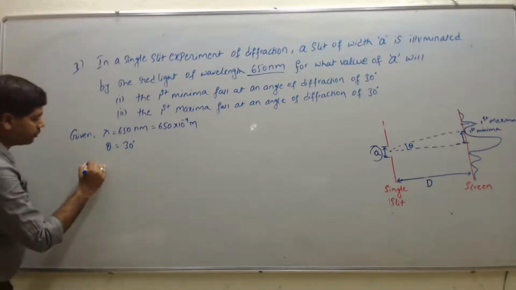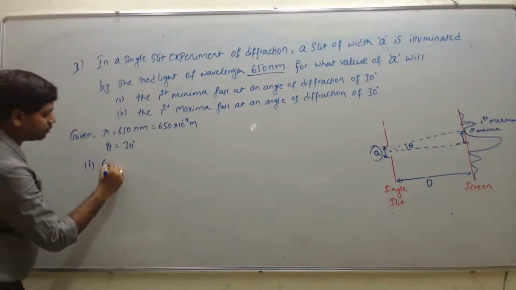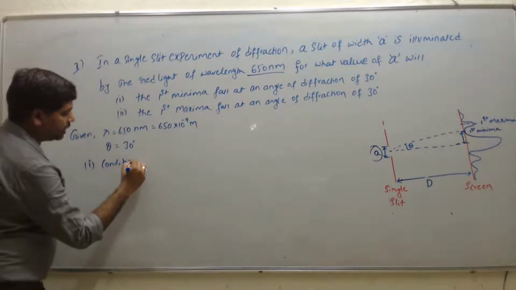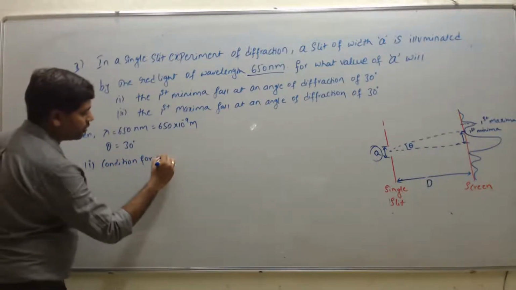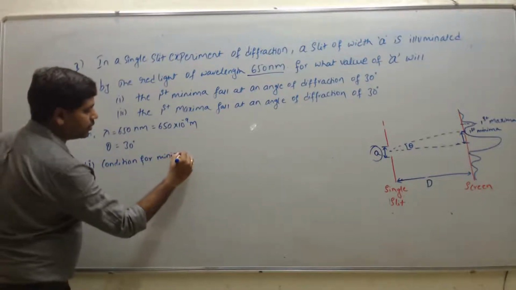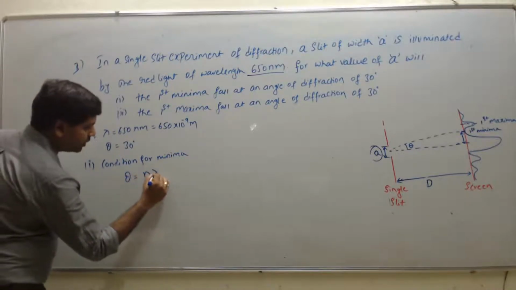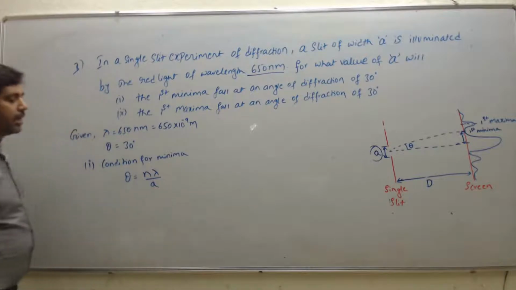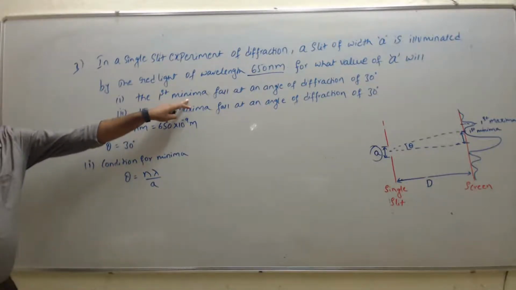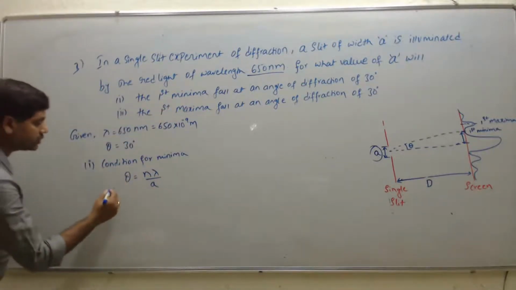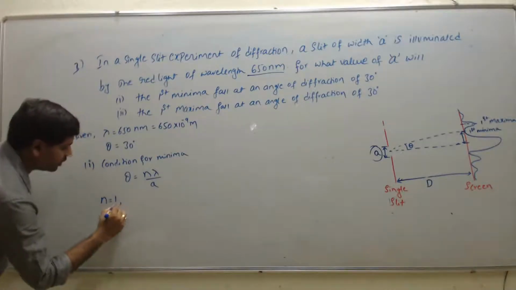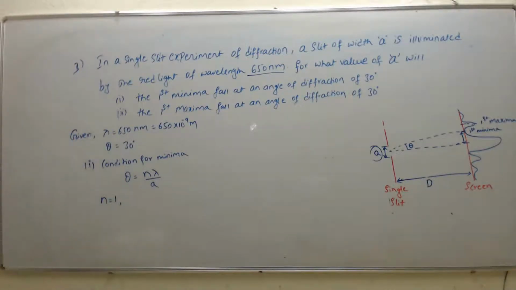Then the given angle theta is equal to 30 degrees. For solving the first one, first we have to write the condition for minimum or secondary minimum, that is theta is equal to n lambda divided by A. They gave first minimum, so the value of n becomes 1 for the first minimum.